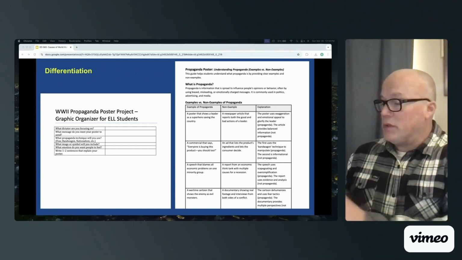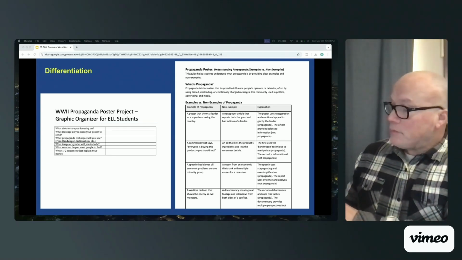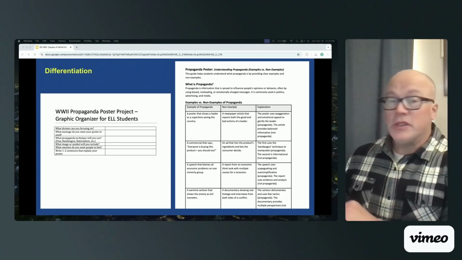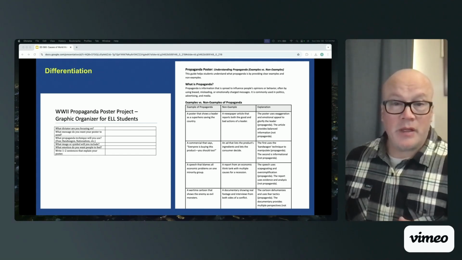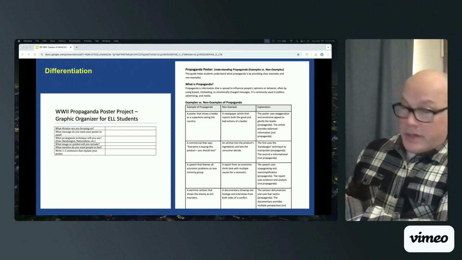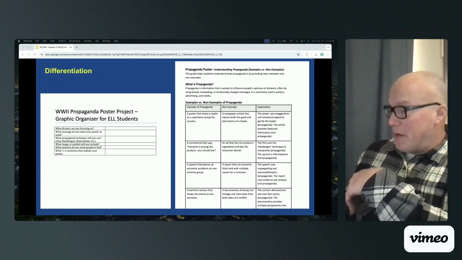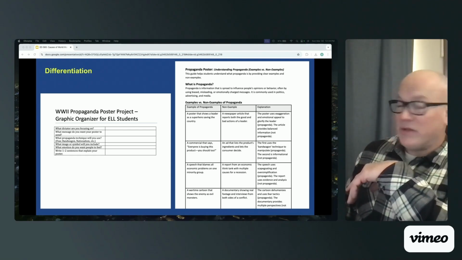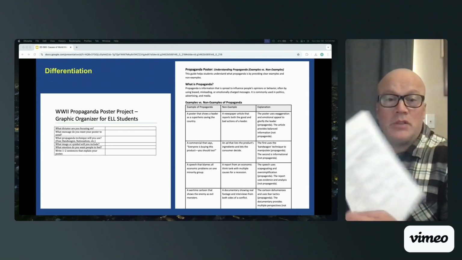All right, so example of propaganda. A poster that shows a leader as a superhero saving a country. All right, so that's an example of propaganda. All right, the non-example of propaganda. A newspaper article that reports both the good and the bad actions of a leader. Okay, so do you see the difference?